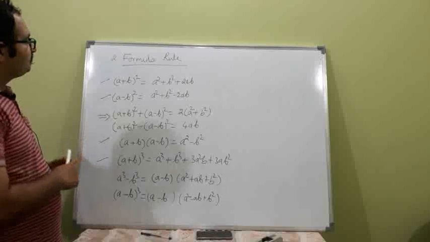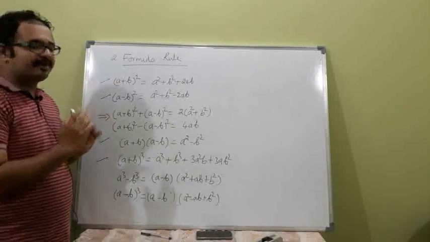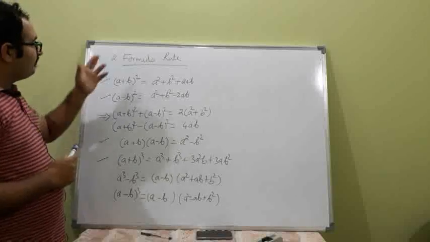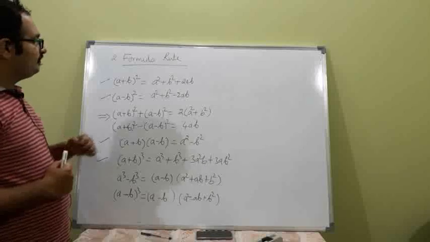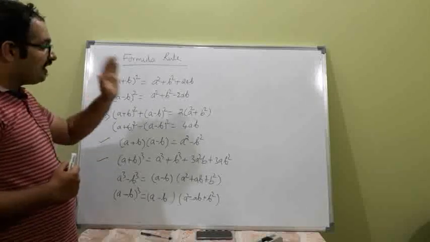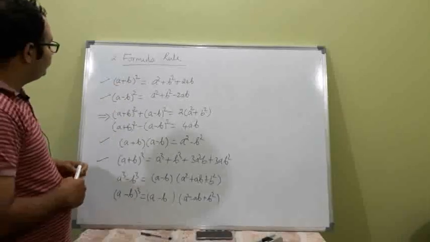Let us discuss the second type of problem in simplification, the formula rule or formula method. The advantage of this method is we can easily save time. Without knowing the formula, we can solve the problem, but it is a lengthier process and time consuming.